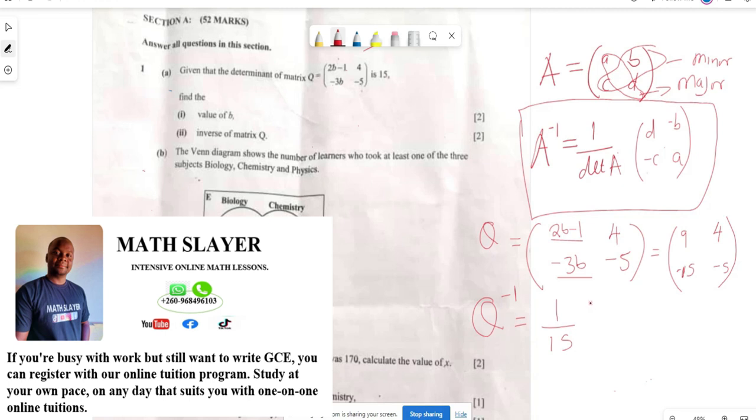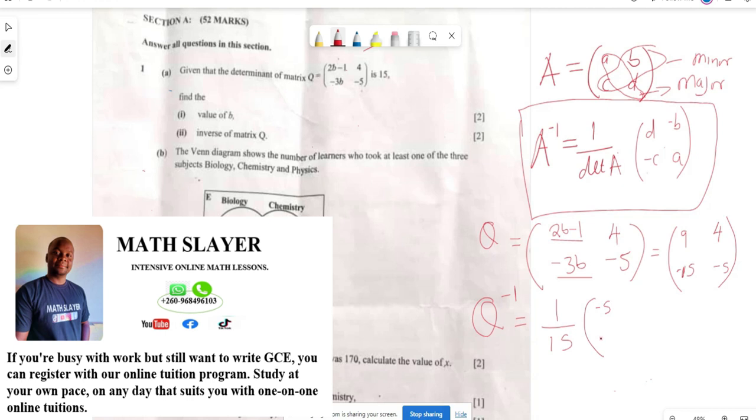1 over 15, then open brackets. We'll have to put our D, which is negative 5. Very good. Negative 5 and multiplied by. And then underneath the negative 5, what are we going to write?